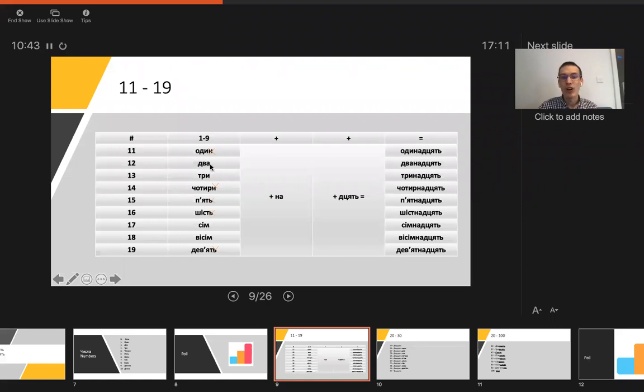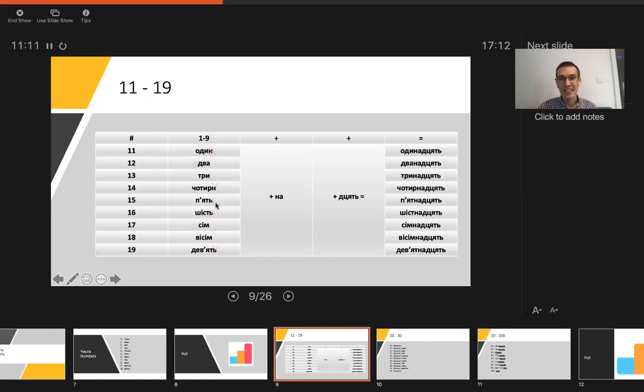Very simple. 12, дванадцять. 13, тринадцять. 4, yeah, get rid of the И. The stem ends with Р. 14, чотирнадцять. 5, get rid of the soft sign.